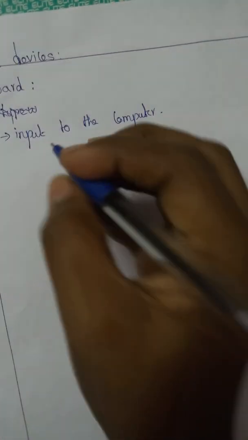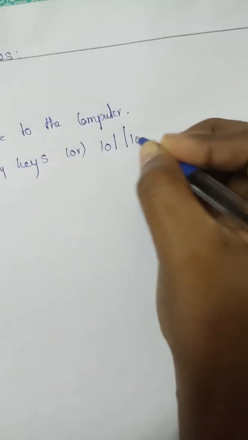In olden days, a keyboard had 84 keys or 101 or 102 keys.